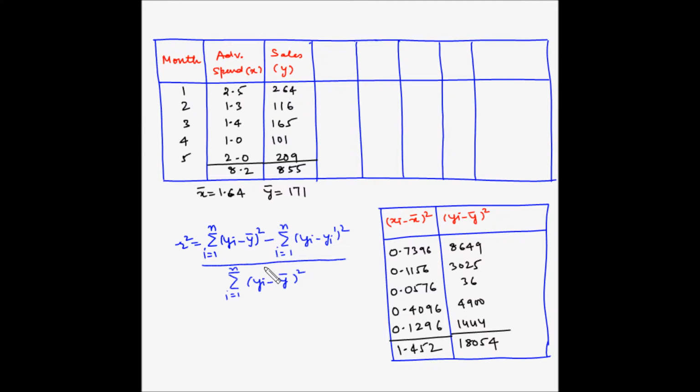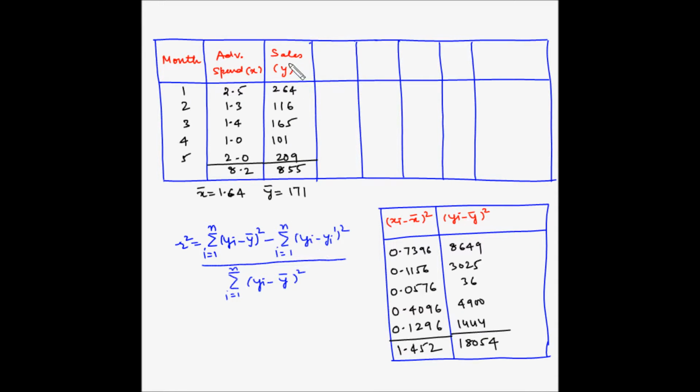The first term is the sum of yi minus y bar square. As part of the calculation for correlation coefficient, we have already found the value of this term, which is 18054. Now what we need to find out is the sum of yi minus yi dash square.